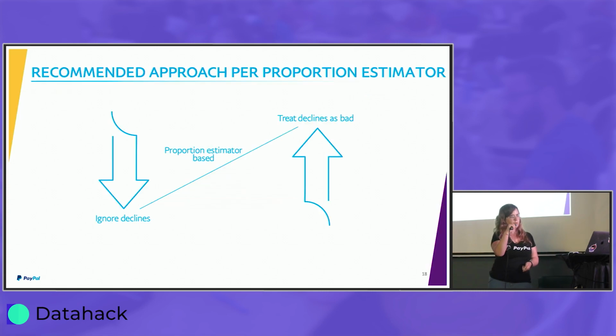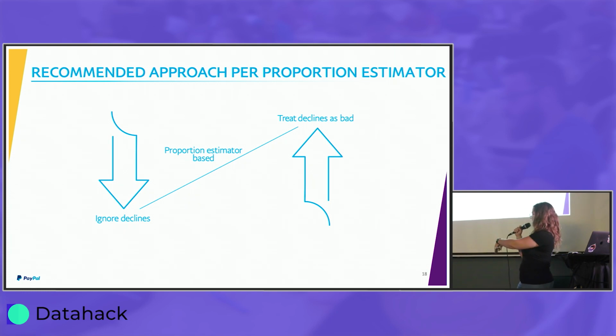So to sum up the different approaches we discussed, we can look at it based on the proportion estimator. If we had our estimator and saw that the declines' bad rate is very, very high, we can just treat them as bad and have our supervised learning problem.